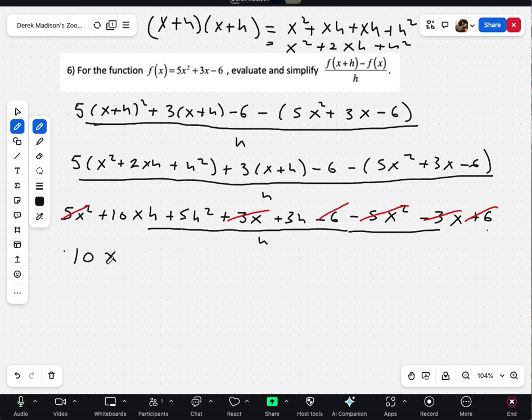So 10xh plus 5h squared plus 3h. And then the second thing that should happen is this h should cancel with all of these above. So that would be 10x, and then here would leave us 5h. Remember, this h belongs to all three terms. You can think of it as three separate canceling problems, and plus 3. So that would be our difference quotient.